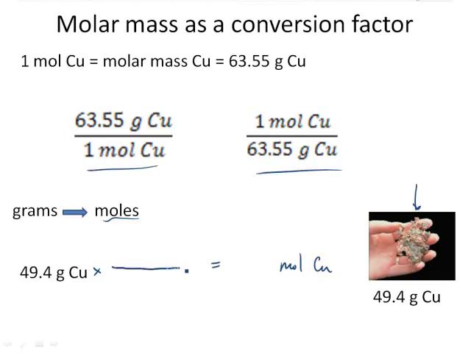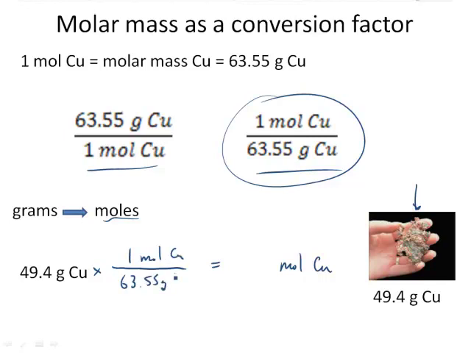We want to choose the one that gets us moles and gets rid of grams, so we choose this one. So it's 1 mole over 63.55 grams of copper. And that's 0, as we saw before, 0.777 moles.